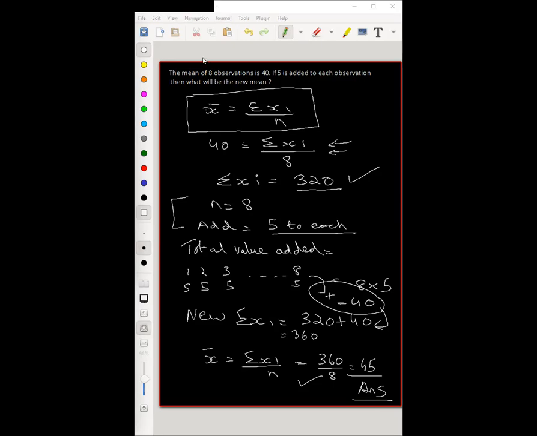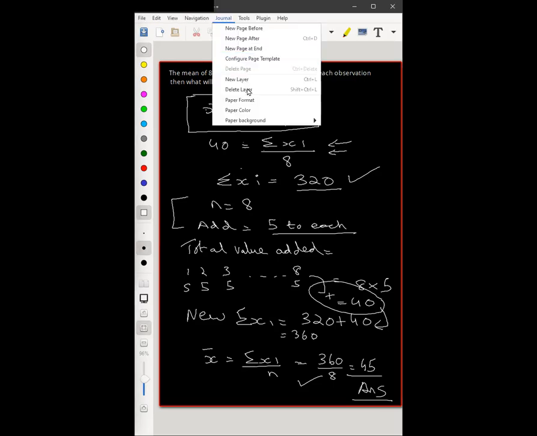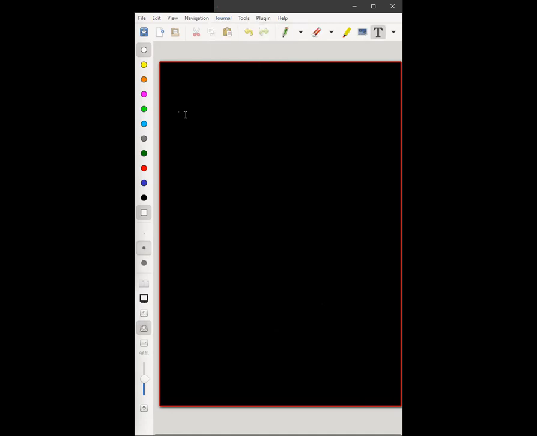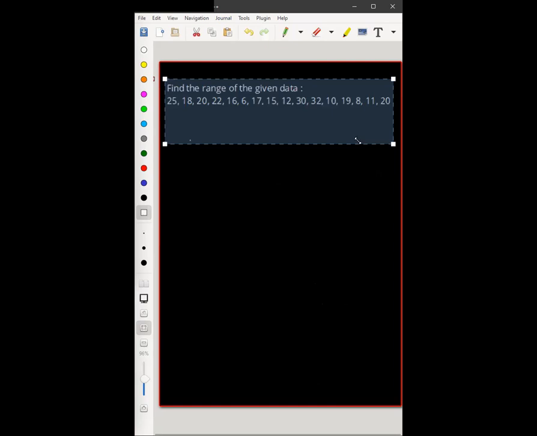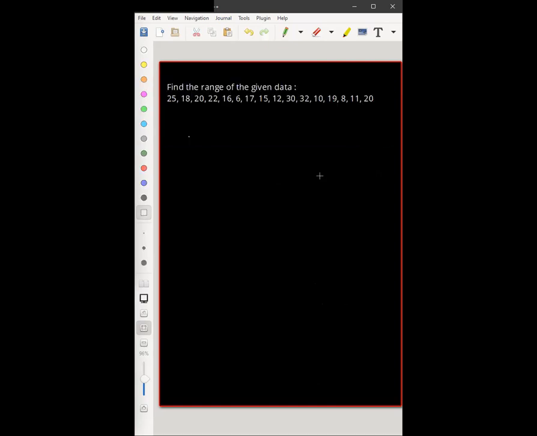Okay, so as far as mean goes, let's do another one. Find the range of the given data. Quickly, I now expect everyone to solve this. If anybody does not solve this, I'll make them write this formula down 100 times.